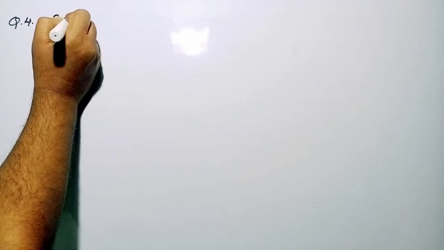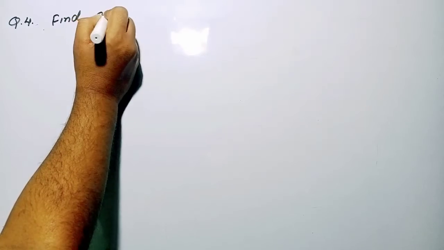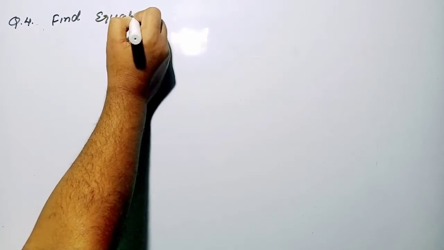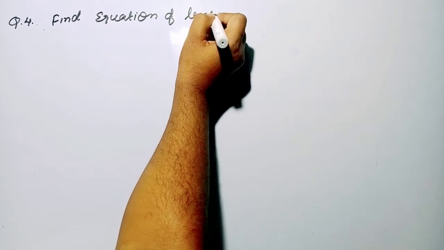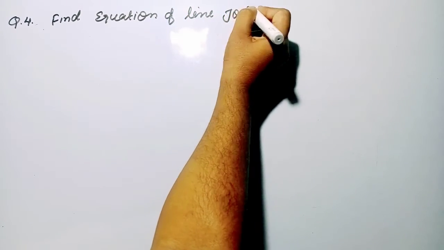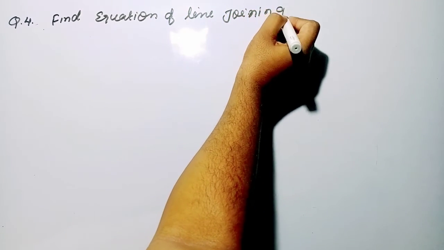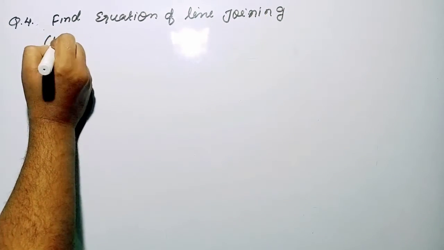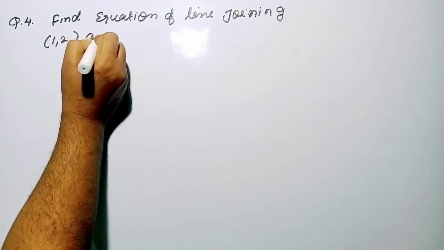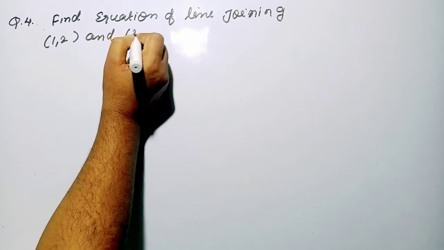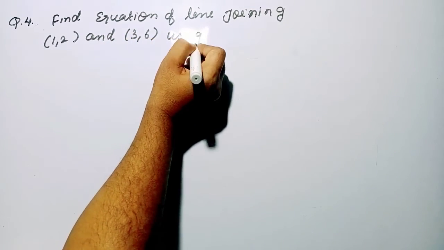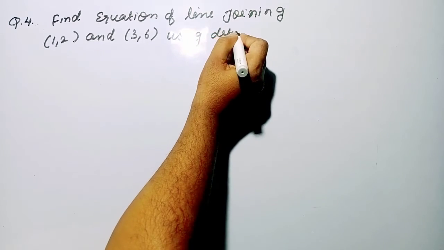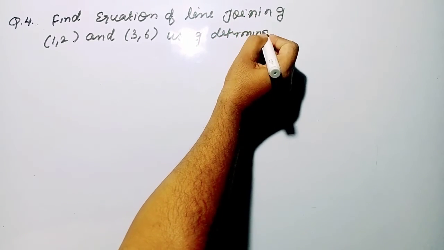Now the next question, the question is, find the equation of the line joining (1, 2) and (3, 6) using determinant, right students?